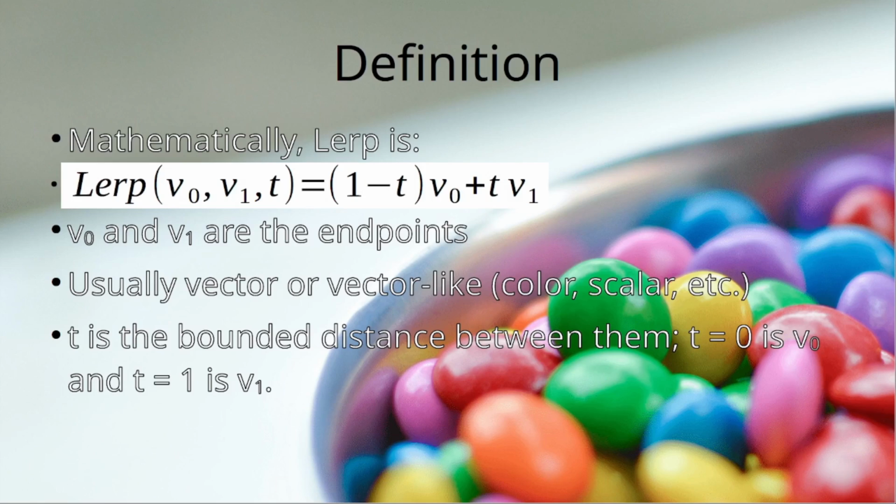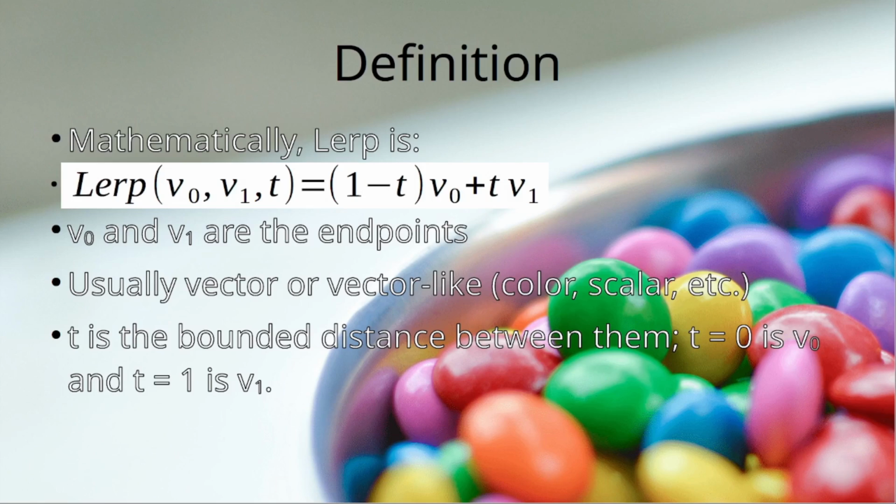There are points where you'll want to go outside of that, which is called extrapolating, but we're not going to worry about that here. And the definition of it is the factor of 1 minus t times whatever your v0 is, plus t times whatever v1 is.